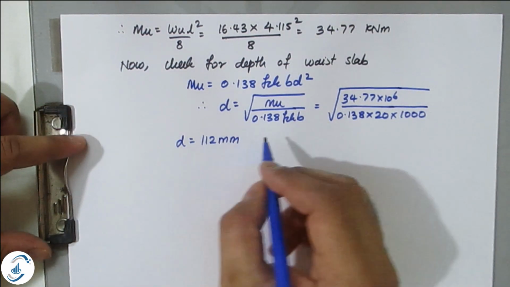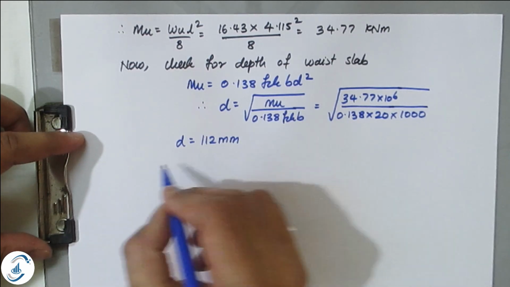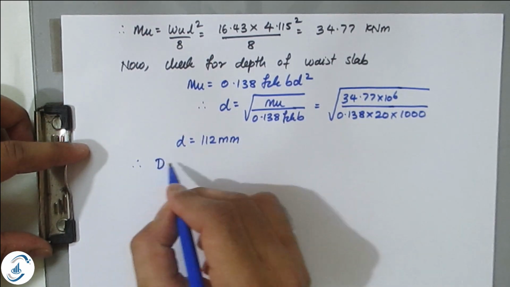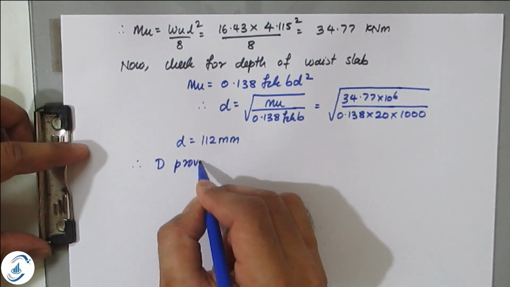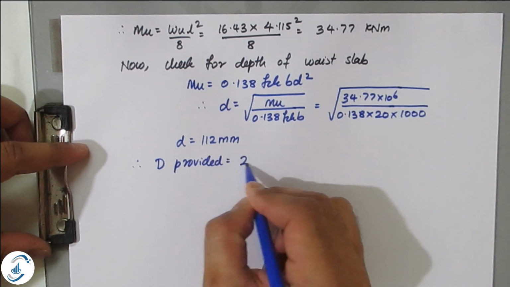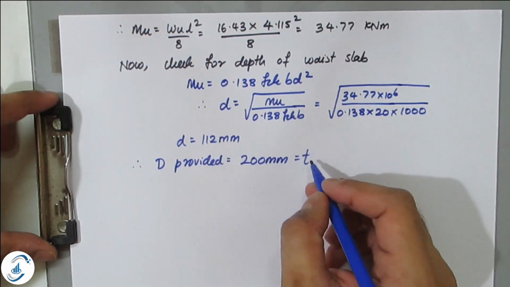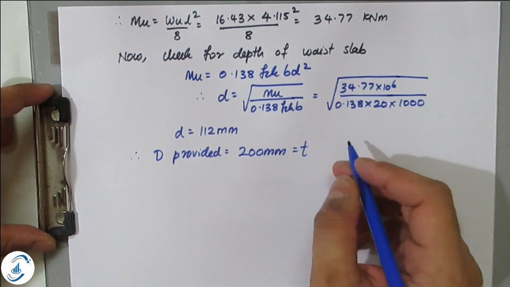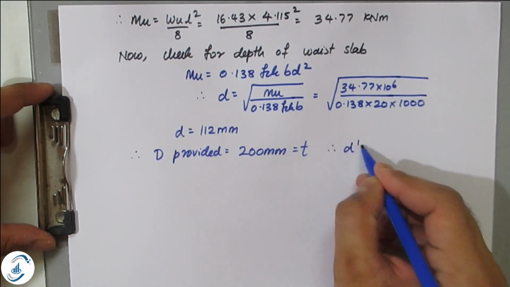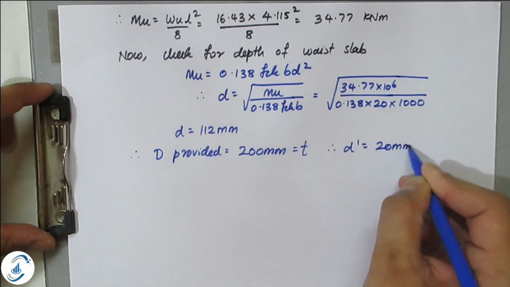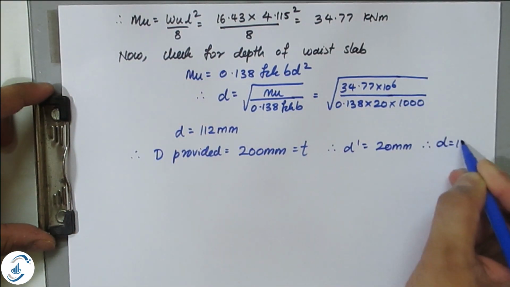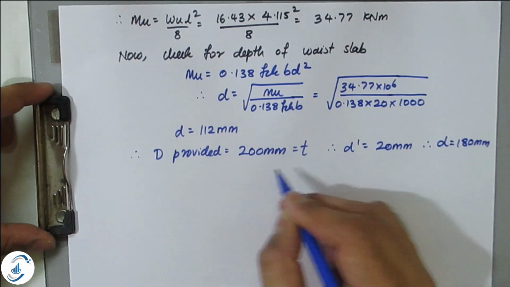Therefore D provided is equals to 200 mm, which is nothing but T, the thickness of waste slab. D dash we will assume as 20 mm. So therefore D will be 180 mm, 200 minus 20.